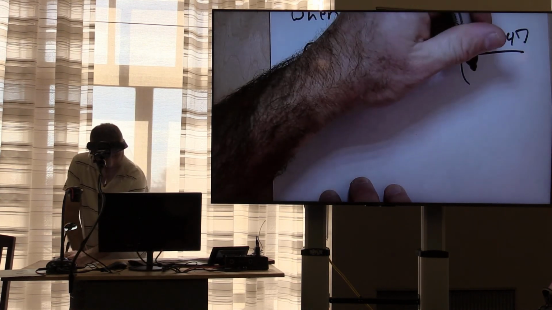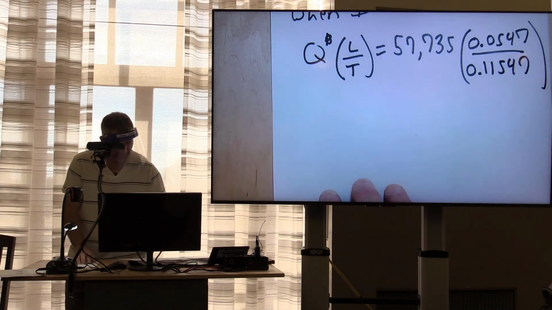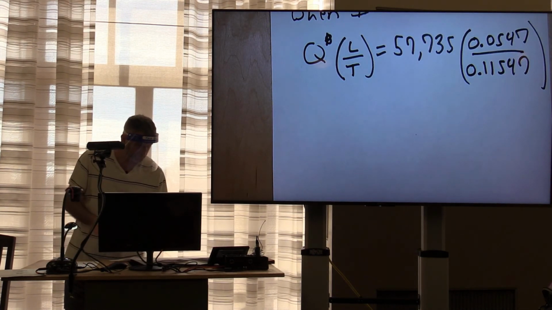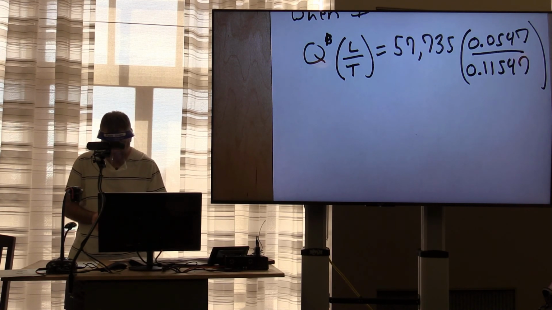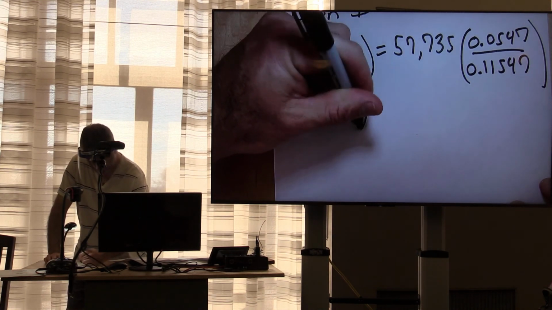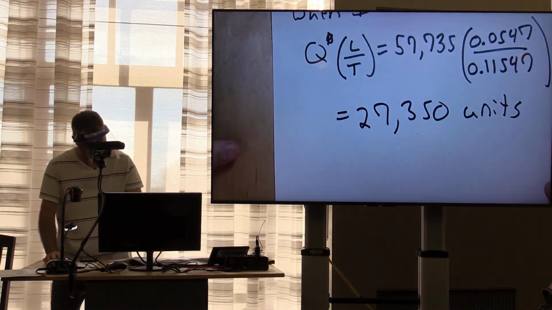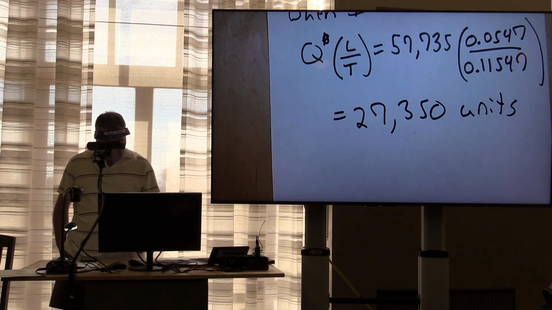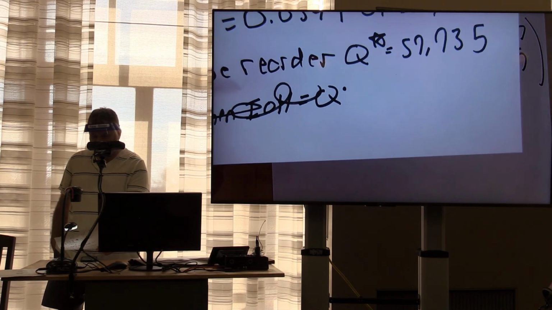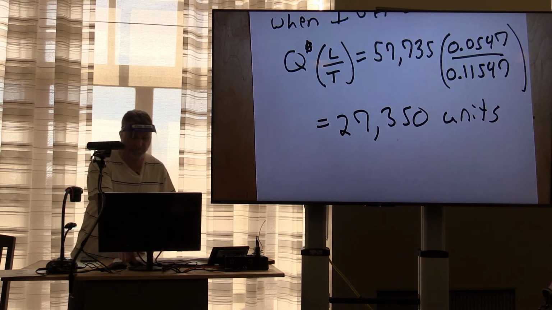And then T was 0.11547. Units. So our answer to number 18 was you should reorder Q star, 57,735, when inventory on hand, meaning the amount of stuff in your warehouse, equals 27,350 units.